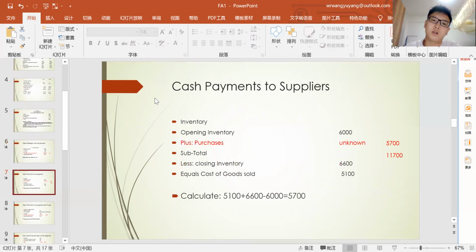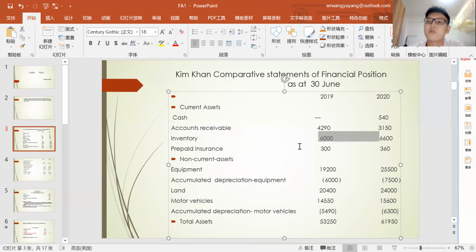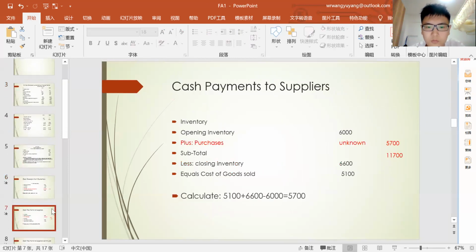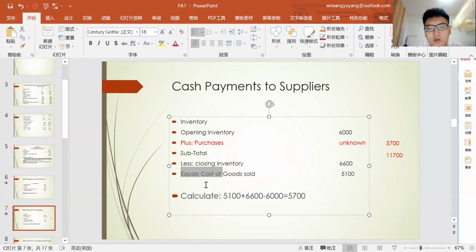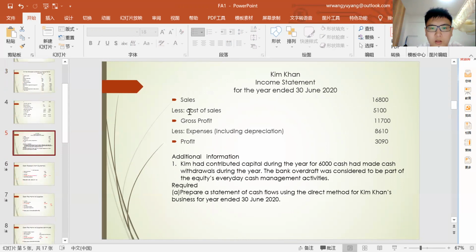Then we should calculate cash payment to suppliers, and we look at the inventory. The opening inventory is 6000, and the closing inventory is 6600. The opening inventory plus purchases less closing inventory equals cost of goods sold, and the cost of goods sold we can get from the income statement.